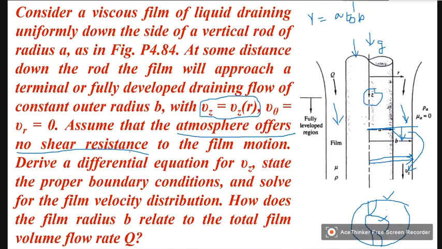Tell me, shear resistance 0 means velocity is at infinity? Then what you said? Come on, repeat what you said.